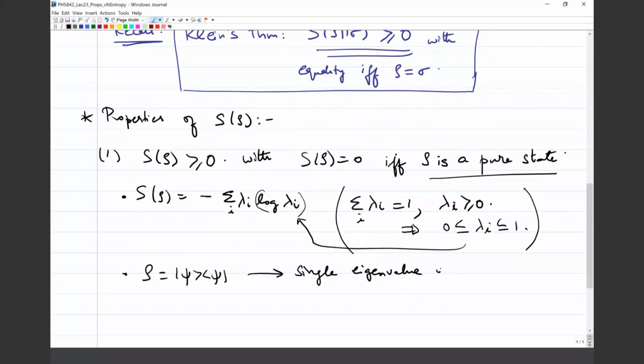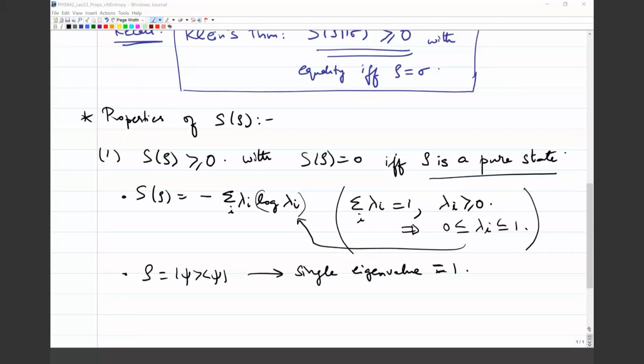It's essentially a state with a single eigenvalue which is 1. And so the lambda distribution that you have is like a delta distribution as far as your probability language is concerned, right?